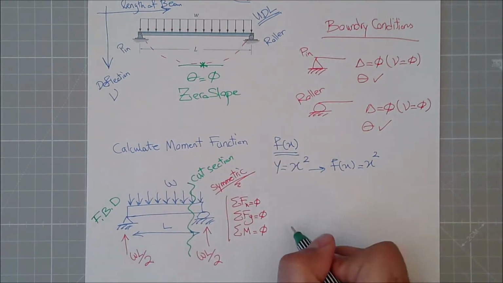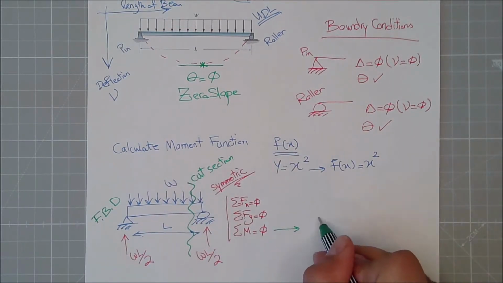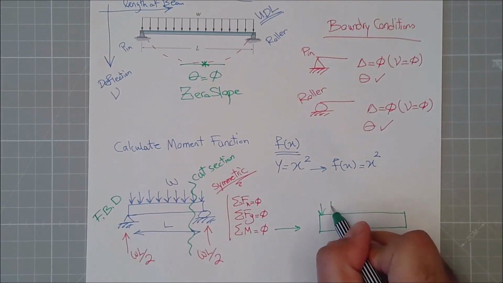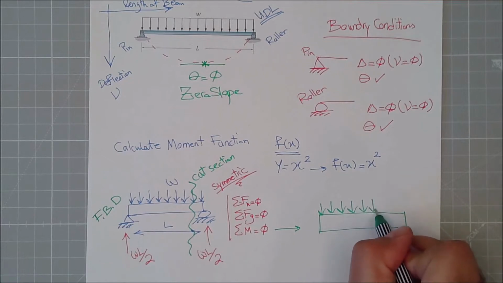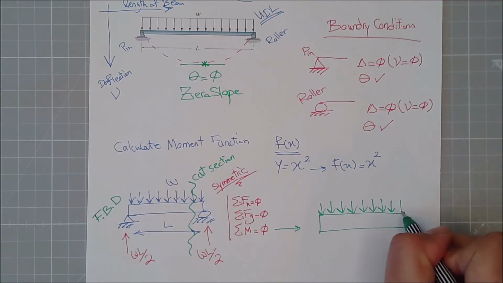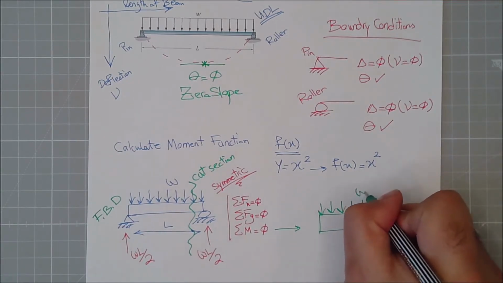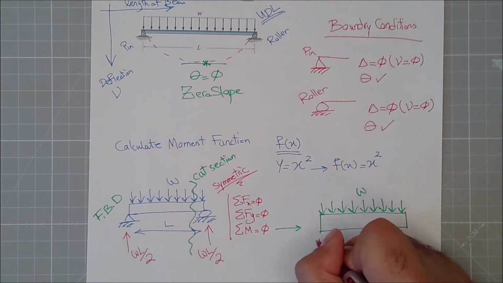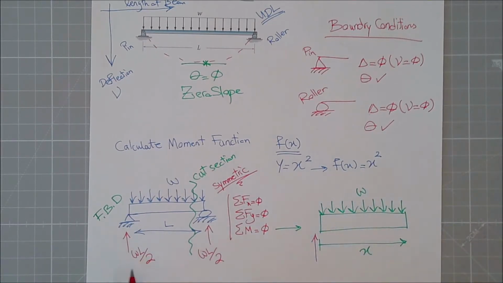I bring that section out, and it will end up something similar to this. It will have the same W. The length is now X because it's a micron before L. And I'll have that WL divided by 2, which is from my reaction. The only thing which is lost is this reaction, because I cut it a micron before it.